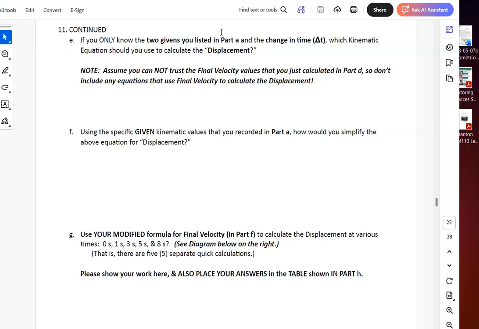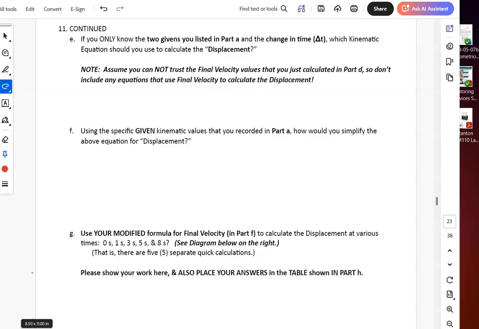So before we were calculating final velocity, now we're calculating displacement. And the question also has a little note that says, assume you cannot trust the final velocity values that you just calculated in Part D. So don't include any equations that use final velocity to calculate the displacement.